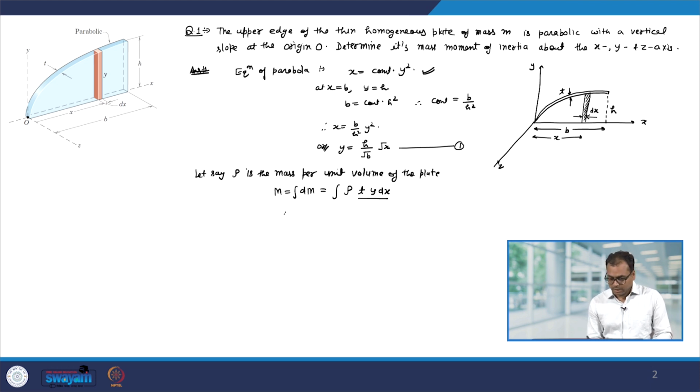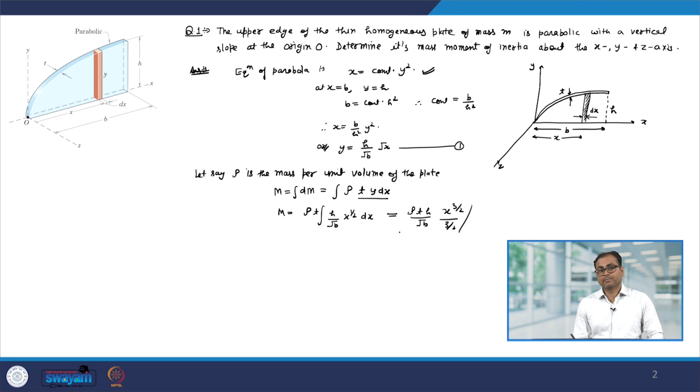Therefore, mass m will be, rho is constant, T is also constant, and let us write down this y in terms of x to find out this integral. The value of y I can put from equation number 1, it is h over square root b times x to the power half dx, and this will be equal to rho t h over square root b times x to the power 3 by 2 divided by 3 by 2, and then we have to put the limit of x. x varies from 0 to b.